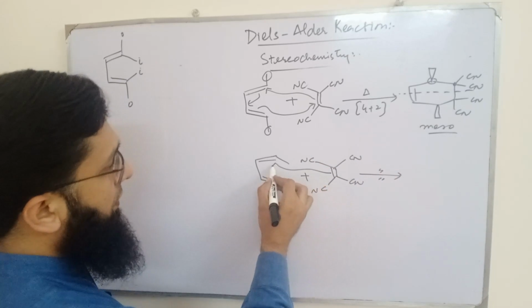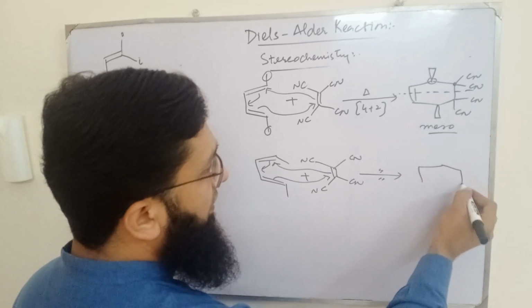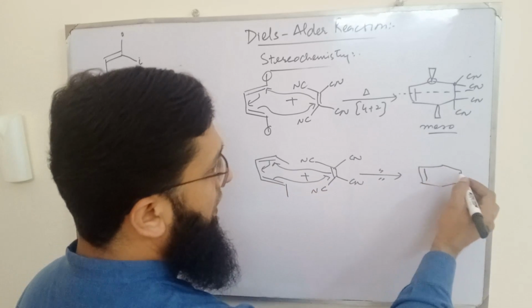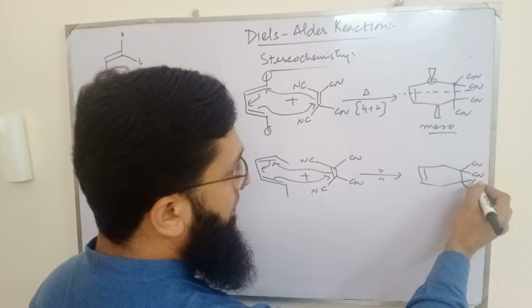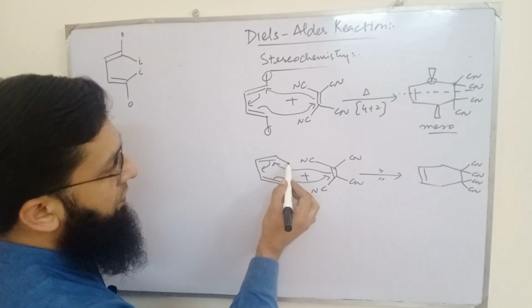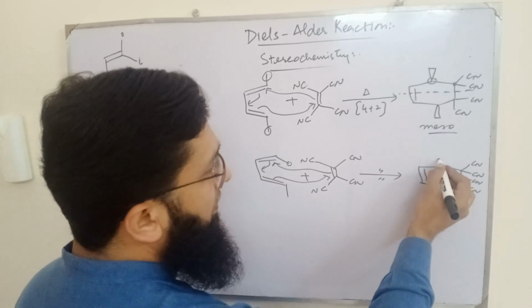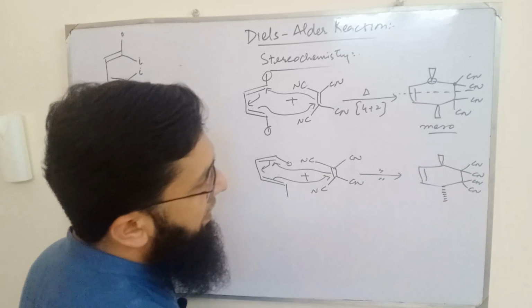In this case again, we will get a cyclohexene ring. And now one of the methyl groups is inside, so if this is above the plane, the other would come below the plane.